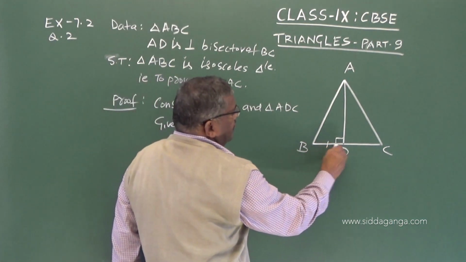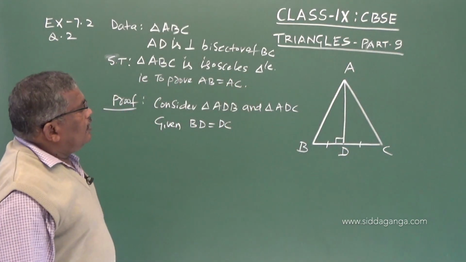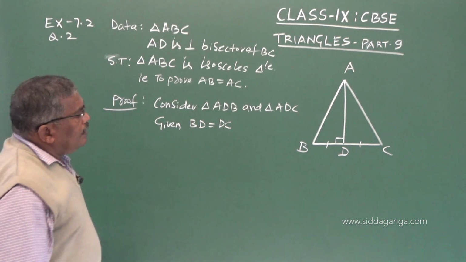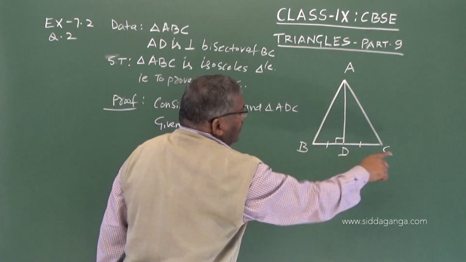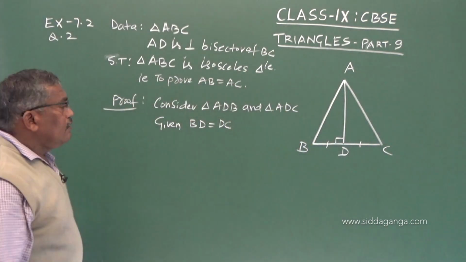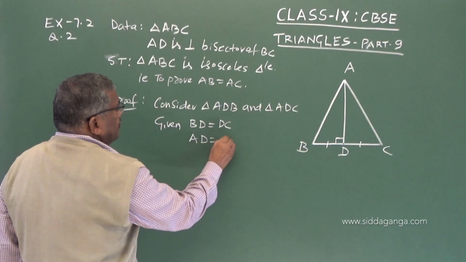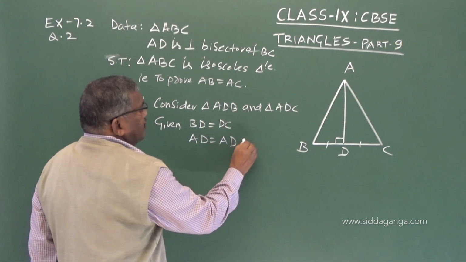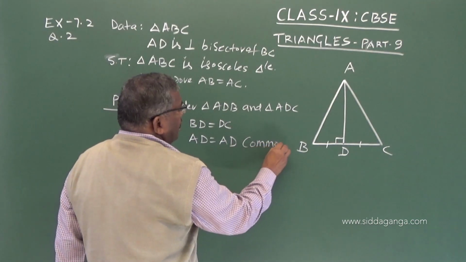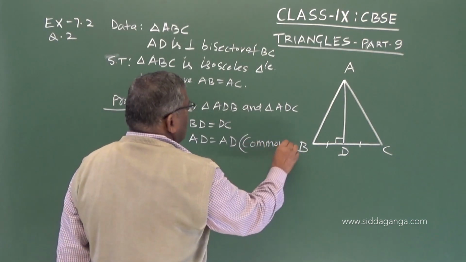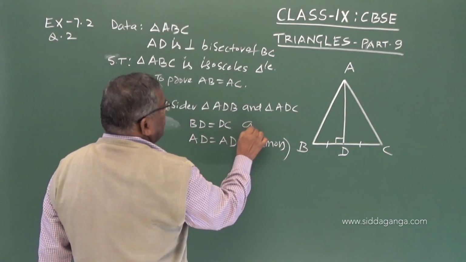So this side is equal to this side, they are equal. Now in ADB and ADC, AD is common side, AD equals AD.